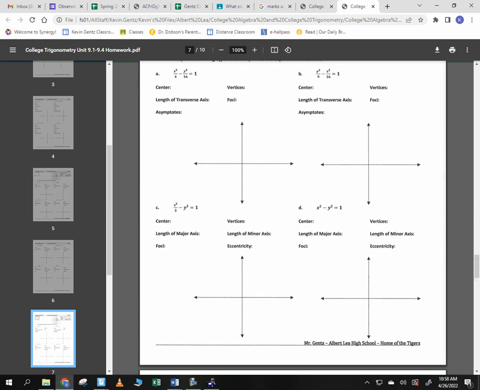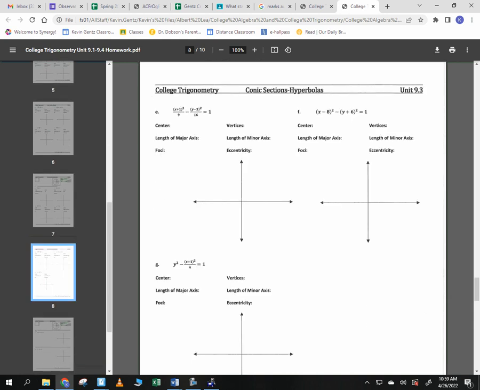So, as you look at your homework assignment, you can tell that I have accidentally put the wrong information in here. So notice how A and B say center, vertices, transverse axis, foci, asymptotes. Those are the characteristics of our hyperbolas, correct? But eccentricity and minor axis, that's for ellipses. So if you could just kind of make that adjustment, just kind of cross and put whatever you should there, I'd appreciate that. So, everybody get my point? Okay, so A and B are asking for the right information, like C and D, and I don't know about the other side. Yeah, other side has the same problem.